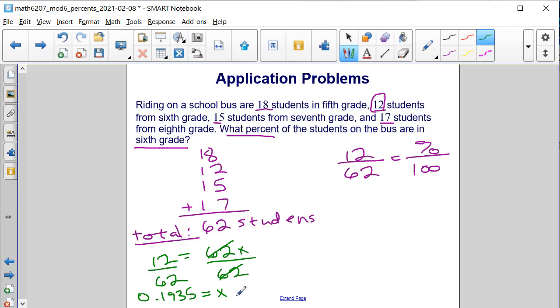That's as a decimal. As a percent, that would be 19.35%.